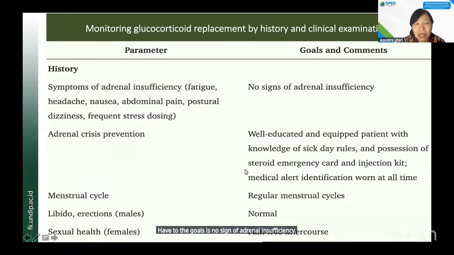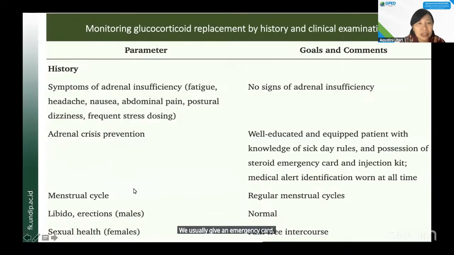So we have to give them also adrenal crisis prevention education. So usually we will give the patient education about the sick-day rules. So how to increase the dose, when to increase the dose, and also we usually give an emergency card.